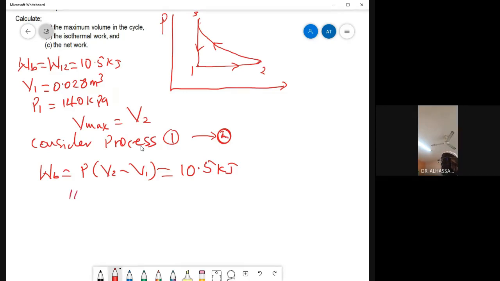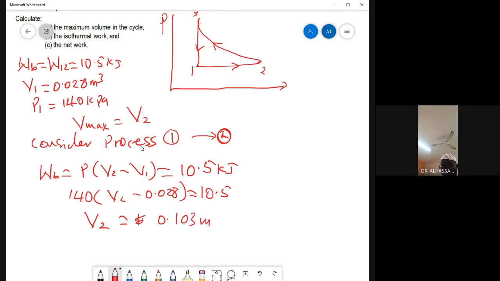So 140 times (V2 minus 0.028) equals 10.5 kilojoules. If you calculate this carefully, V2 gives you 0.103 meter cube.